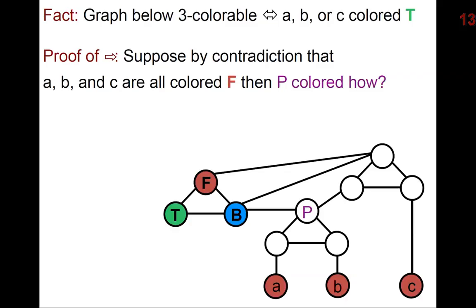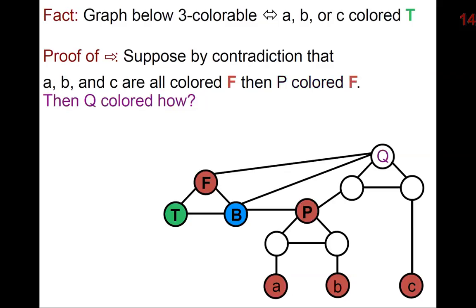It has to be green or brown, right? That's true or false. Can it be green? Well, if P is green, then what color can this guy be? So can P be green? No. So what color is P? Red, or brown. P is red.